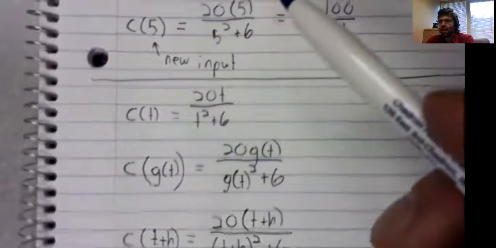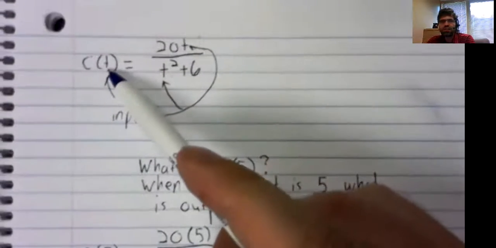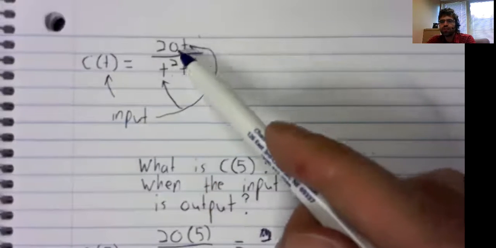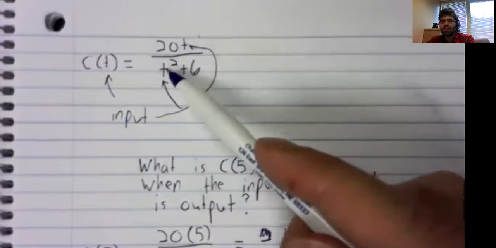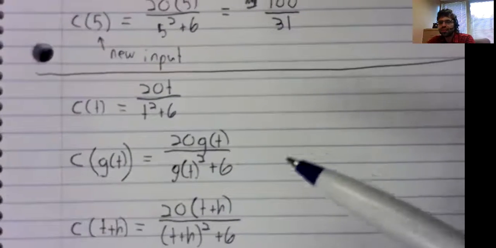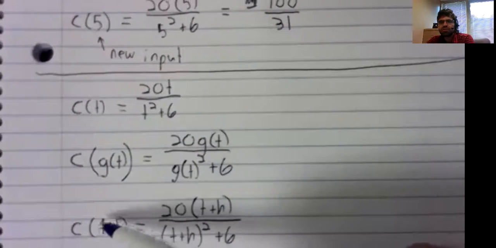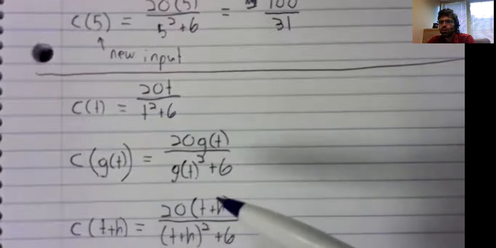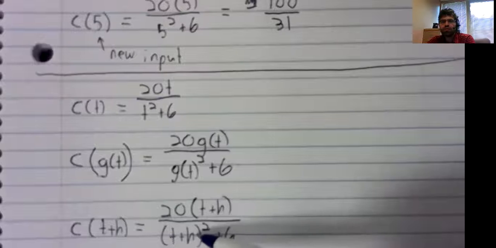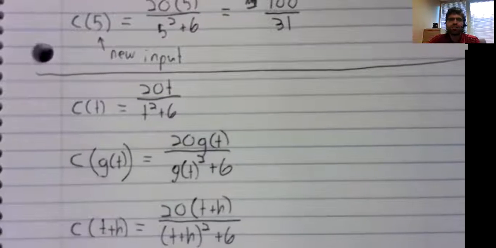This thing you have in the parentheses is an input, and what you have over on the right is an input. It hopefully makes sense that if you replace the input over here, you replace the input over here as well.